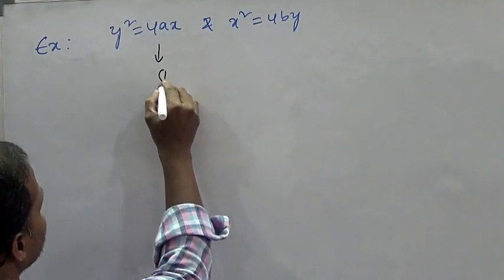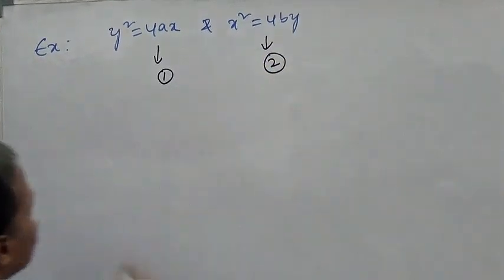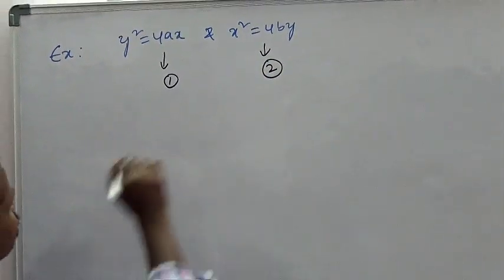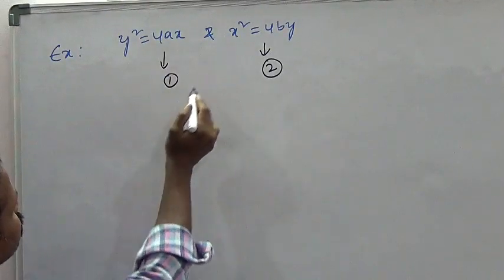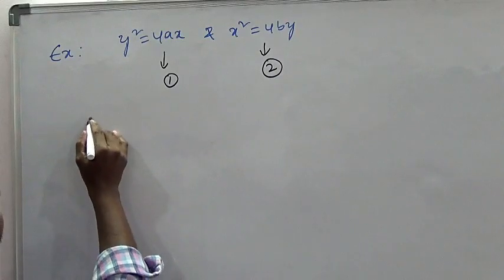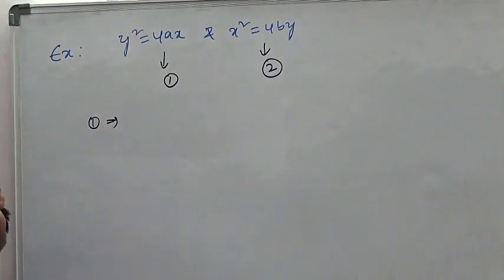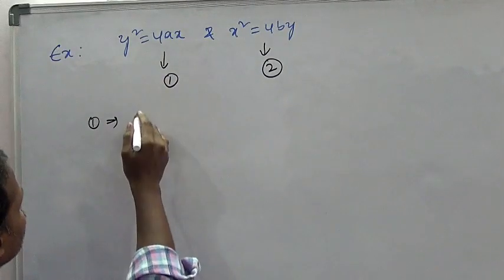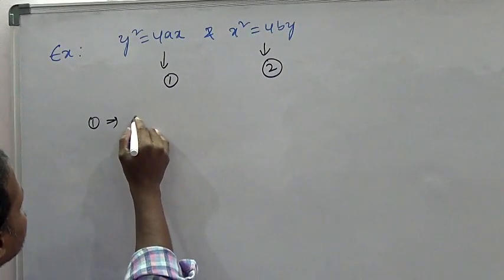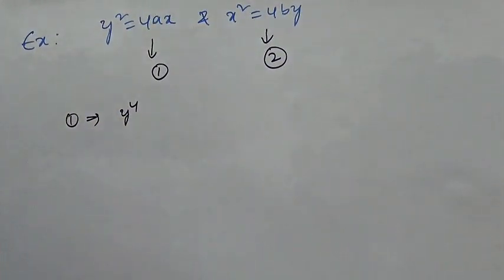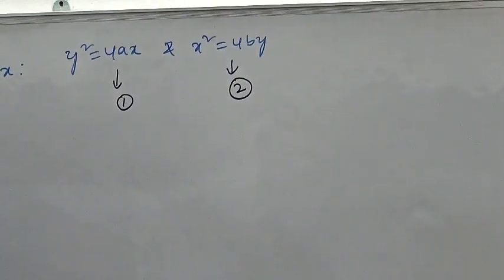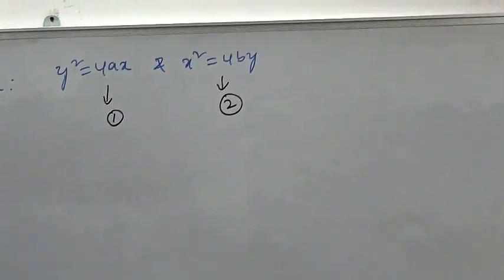Let this be curve 1, this one curve 2. Now from 1, squaring on both sides, you will get y power 4. Otherwise let us find the x value first, then it is somewhat comfortable. You can find any, no problem. You can find the y value first, then the x value. But generally, for us, it is comfortable to find the x value first of all.